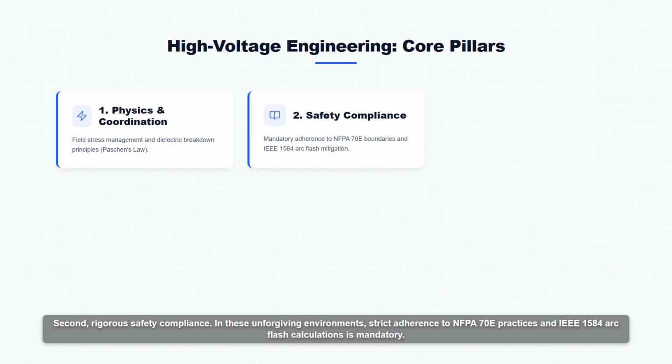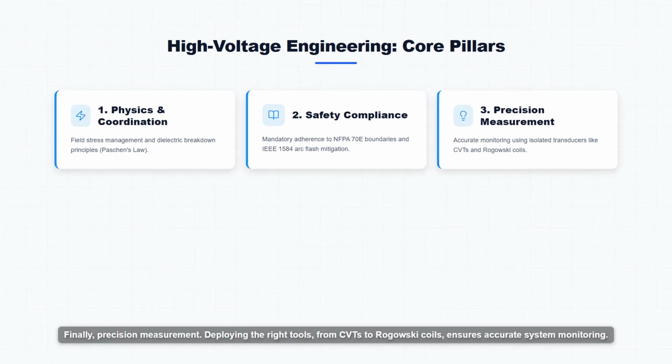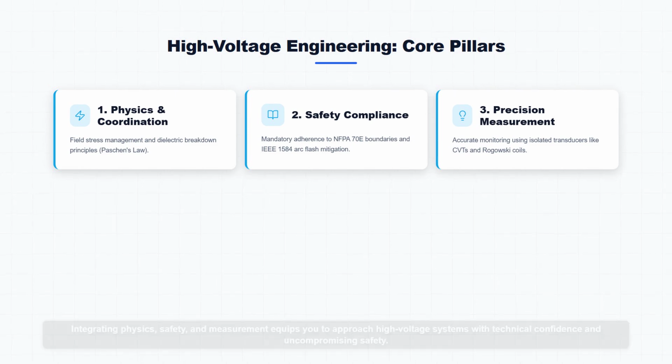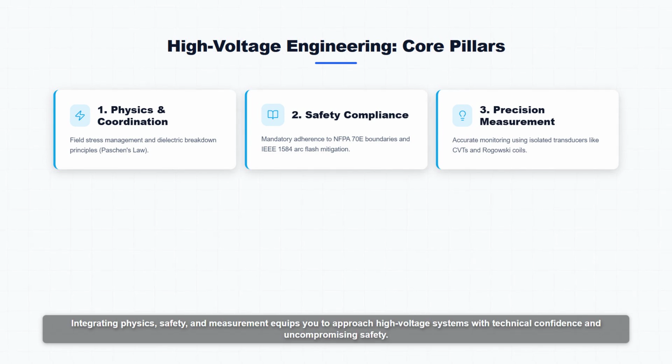In these unforgiving environments, strict adherence to NFPA 70E practices and IEEE 1584 arc flash calculations is mandatory. Finally, precision measurement. Deploying the right tools, from CVTs to Rogowski coils, ensures accurate system monitoring. Integrating physics, safety, and measurements equips you to approach high voltage systems with technical confidence and uncompromising safety.